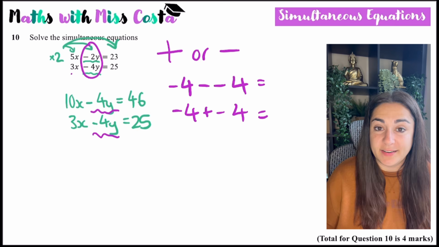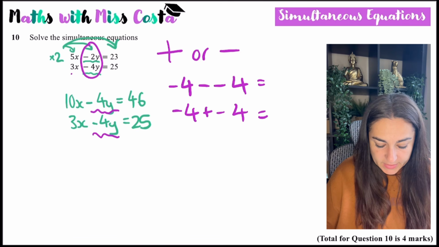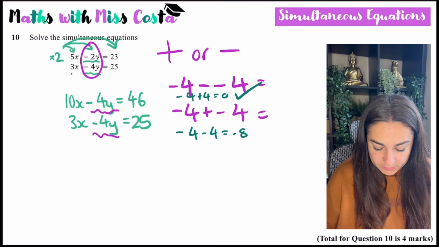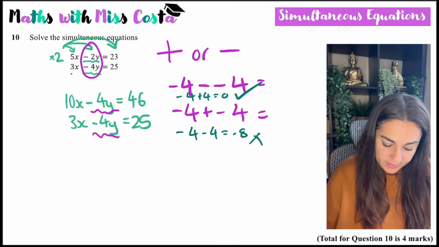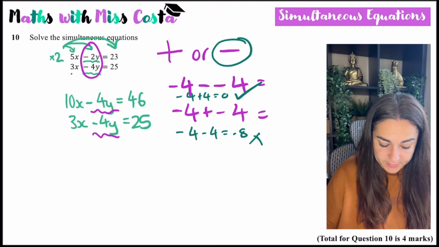And to eliminate a variable, it needs to be equal to 0. So if I did -4 minus -4, that would become -4 plus 4, which equals 0. So that works. This would become -4 minus 4, which is -8, so it does not work. Therefore, I'm going to need to subtract my equations.